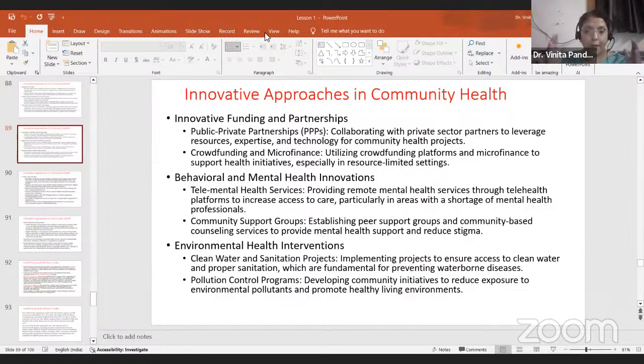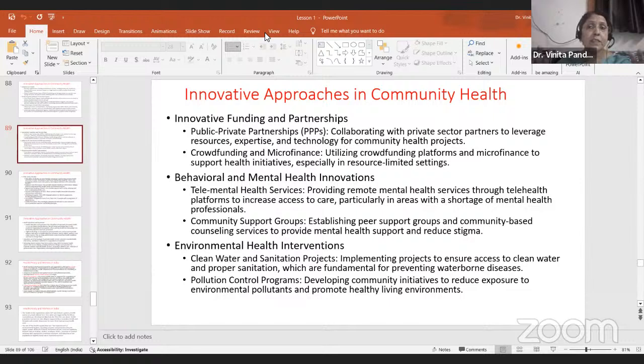Now, we should not be under the impression that all kinds of mental health challenges happen only in urban areas, and that in urban areas we already have a large network of psychologists, counselors, psychiatrists.